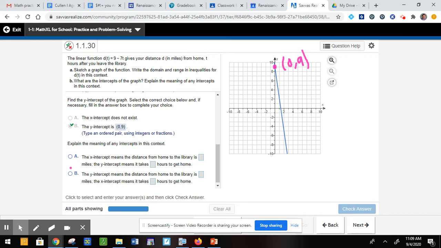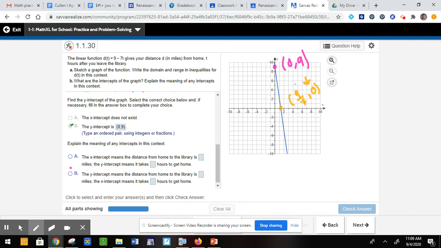So again, the y-intercept is where you start. So that means you're 9 miles away from home when you start walking home. The x-intercept is this point here, which again we figured out was 9/7, 0. And the context of that point is by the time you got home, so you're home when the distance from home is 0, it took you 9/7 of an hour, so a little more than an hour to walk home.